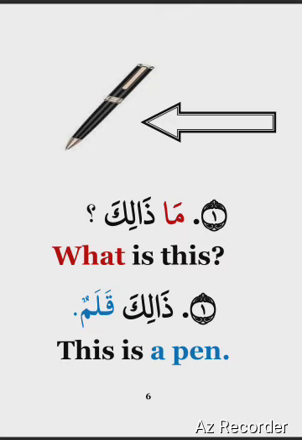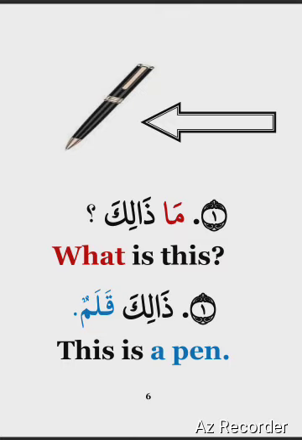That is a pen. ما ذلك؟ What is that? ذلك قلم. That is a pen. ما ذلك؟ ذلك قلم.